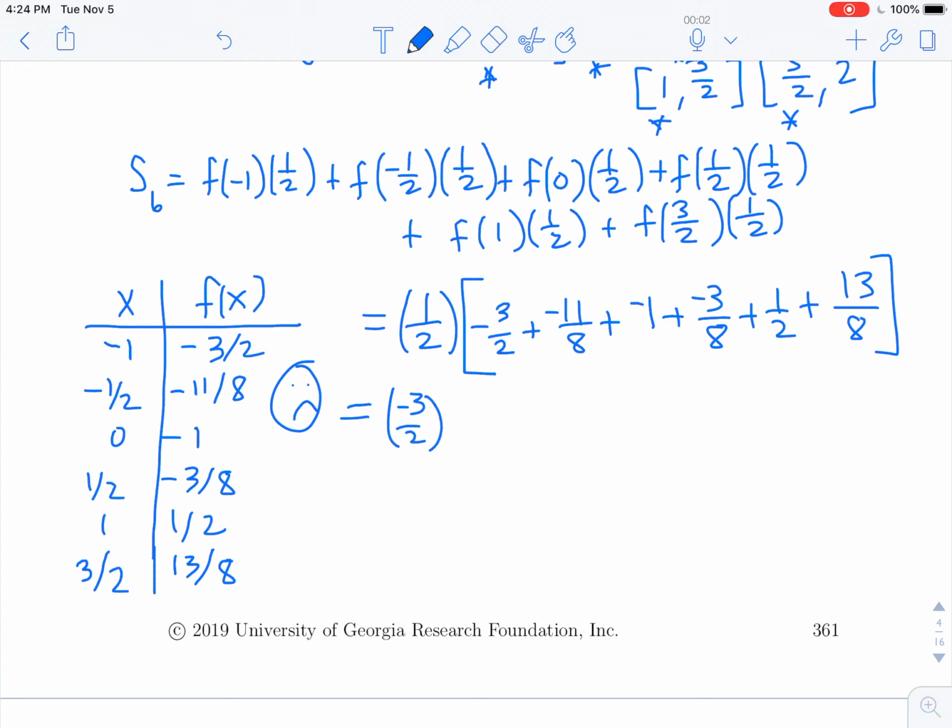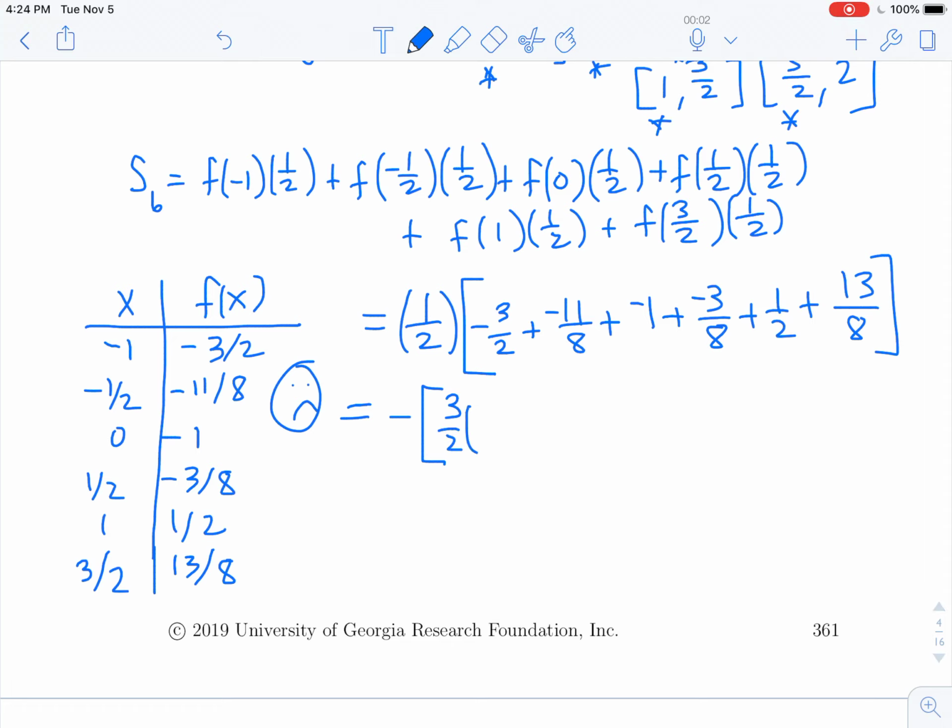This is -3/2 times 1/2 plus -11/8, and actually, I'm going to factor that negative all the way out. Negative.